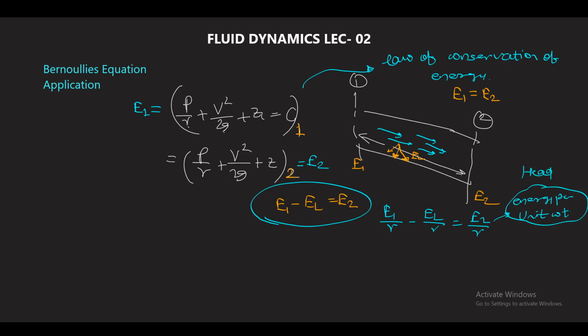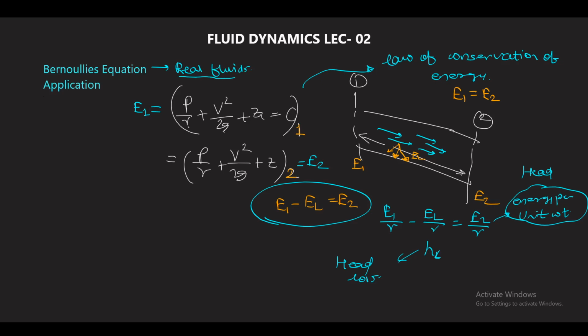So energy head at section 1, minus the energy lost, which is called the head loss, as I am discussing it in terms of head, is equal to the energy head at point 2. This is Bernoulli's equation when I apply it to real fluids.